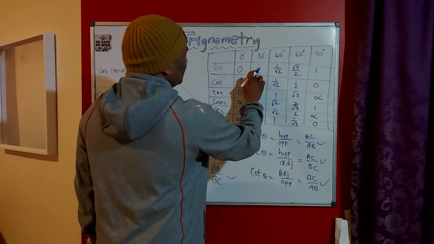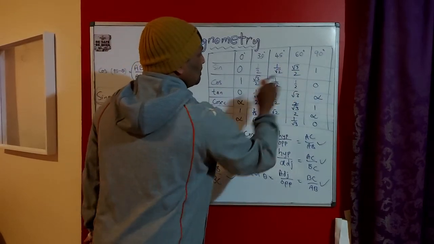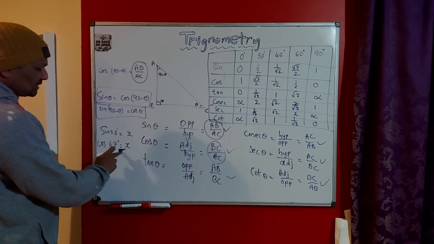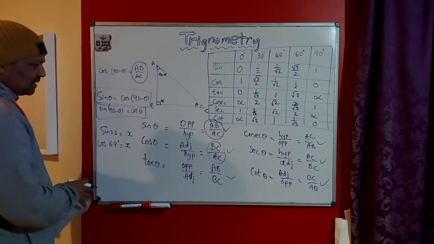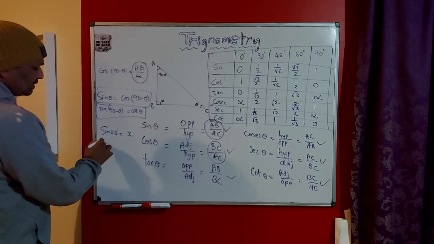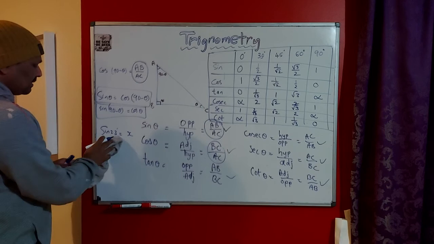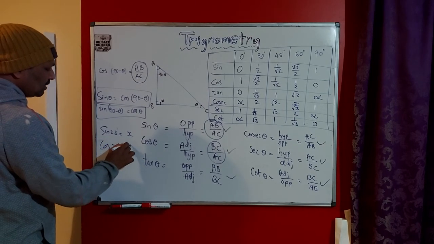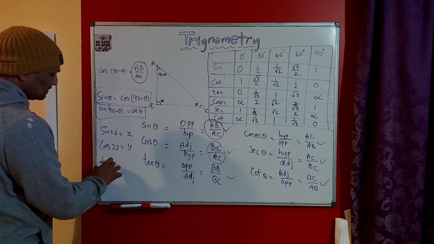Sin 30 degrees is 1 by 2, and cos 60 degrees is also 1 by 2. Sin 23 is x, cos 67 is also x. Like this will be asked. For example, sin 23 is x and cos 23 degrees is equal to y. What is tan 23 degrees?